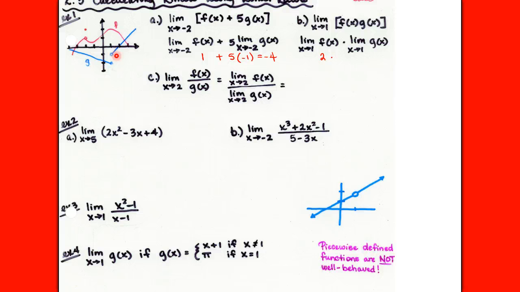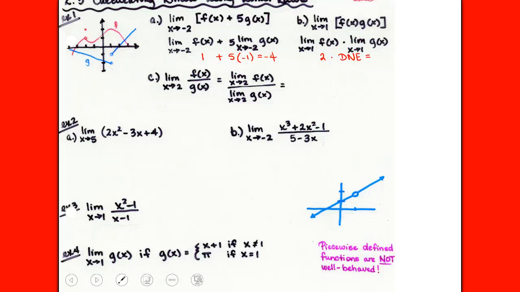Why doesn't it exist? Yeah, the 2 sides of the graph are not converging on the same point. As I take the limit from the left-hand side, it's converging on a y value of -2. As I take the limit from the right-hand side, it's approaching a y value of -1. The limit from the left, -2, doesn't equal the limit from the right, -1. So therefore, that limit doesn't exist.